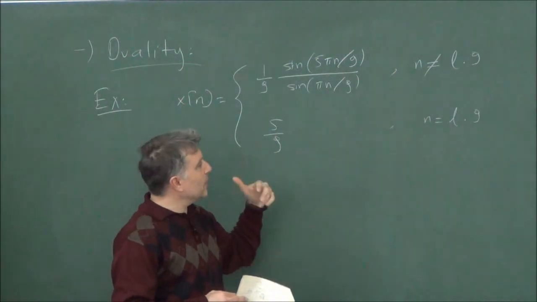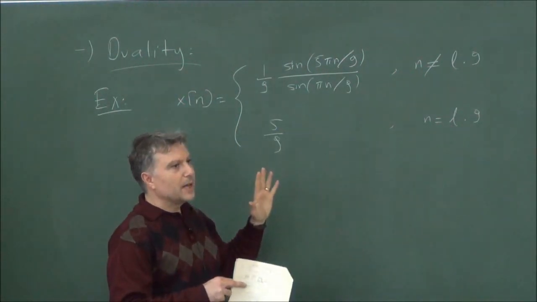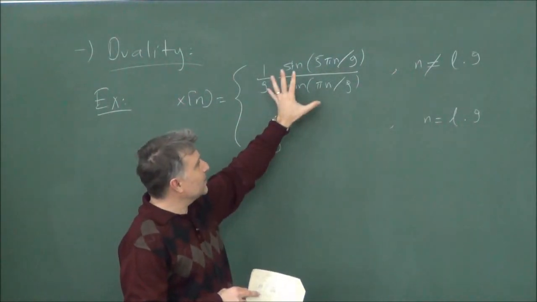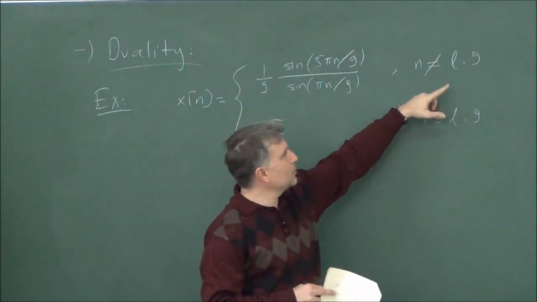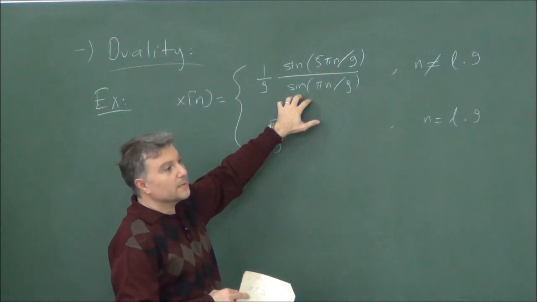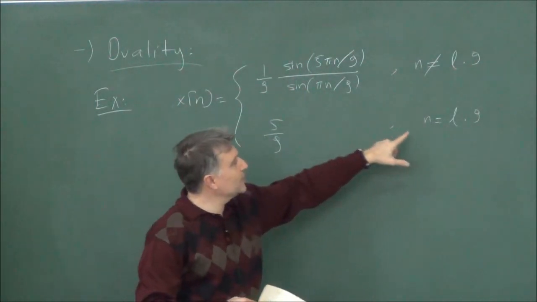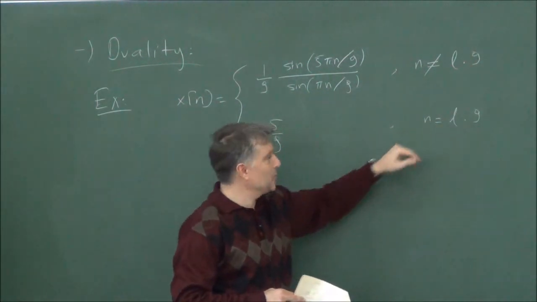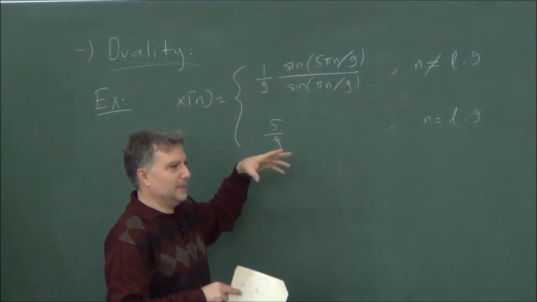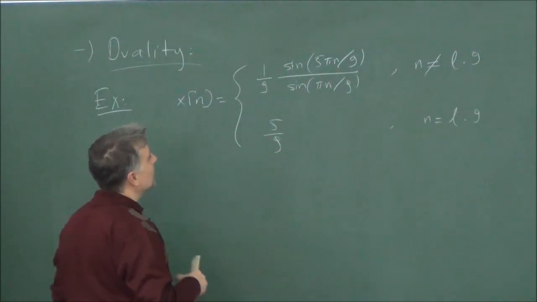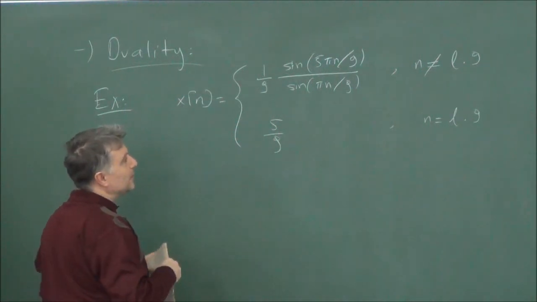The easiest way to understand this problem is this: in the central portions except the DC, which is n equal to 0, it is like this. When n is equal to 0, which is 0 times 9, in other words, it is equal to 5/9. So this is like the DC, and the others are like this, and it is periodically replicating.